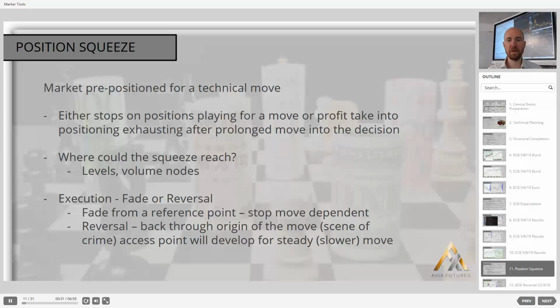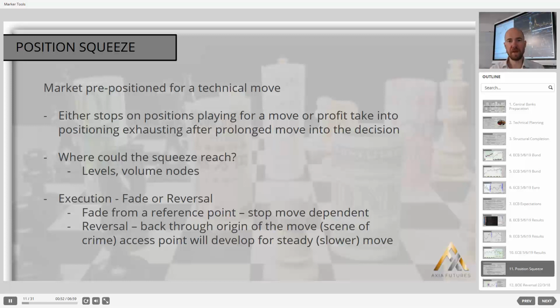First up, you have technical plays. So people have got themselves into a position, perhaps, for example, trying to play the breakout of a wedge. The idea here is that you've got people, say, short at the bottom of a wedge, looking for that move to go down.